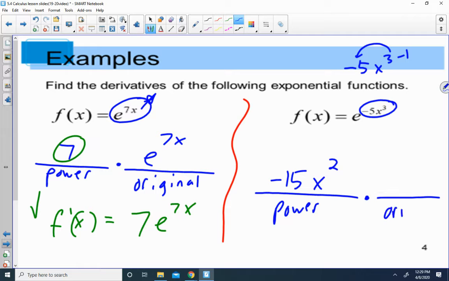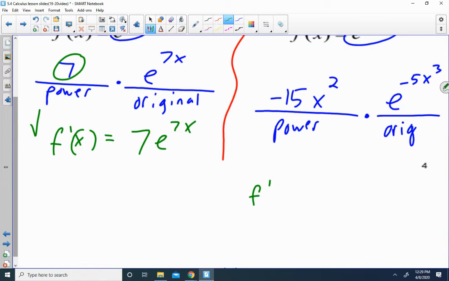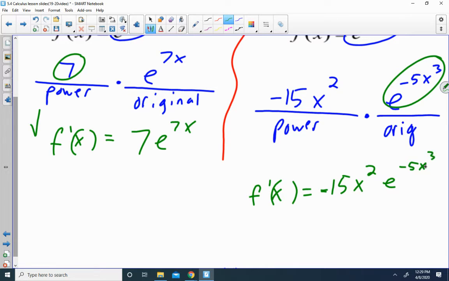And then multiply that by the original. And the original is all of this, e to the negative 5x cubed. So there you go, multiply those two and you have your derivative, just like that. Negative 15x squared times the original, which in this case will be e to the power of negative 5x cubed.